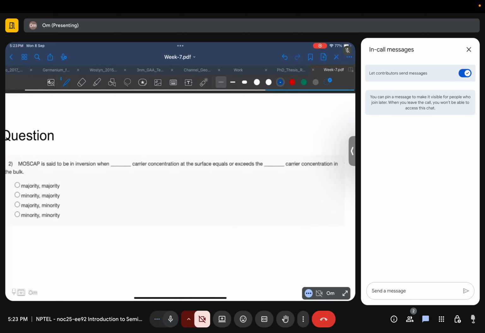So the question is, a MOSFET is said to be in inversion when dash carrier concentration at the surface equals or exceeds the dash carrier concentration in the bulk. So to solve this, you again imagine a MOSFET, metal, oxide, semiconductor. Let's say it's a p-type, for an n MOSFET, your substrate is p-type. So your majority carriers here are holes, right?